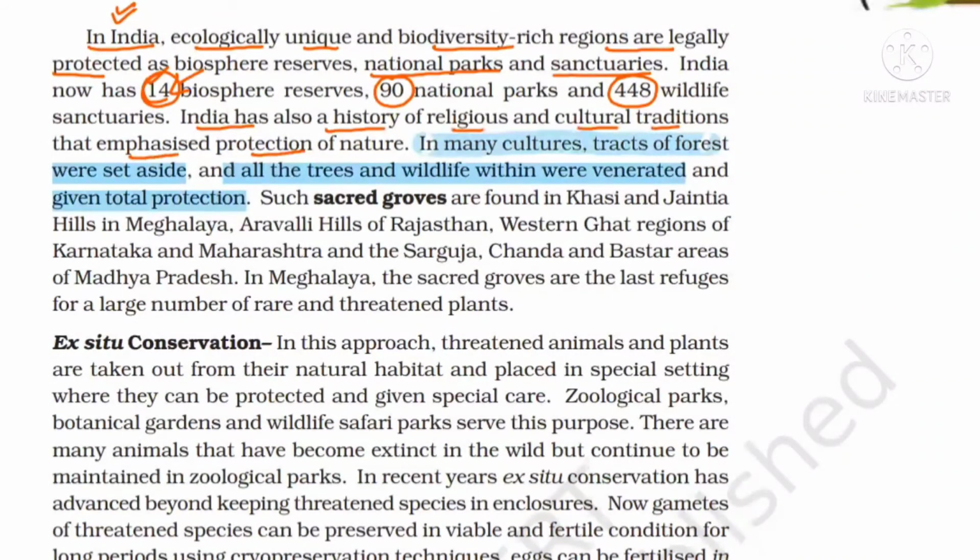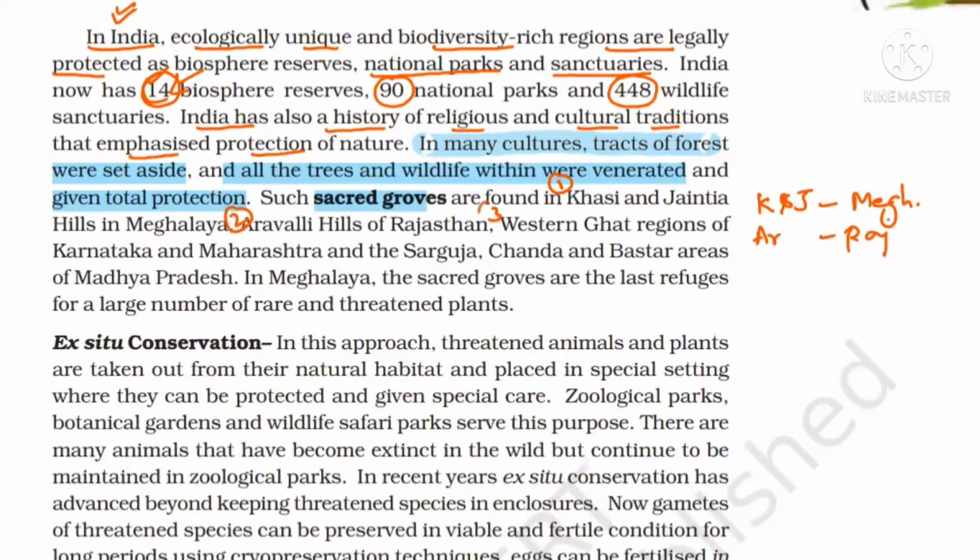It means we are making sacred groves. So if the question is asked, how can you save the venerated plants and animals, then your answer will be sacred grove. Examples of sacred groves are Khasi and Jaintia hills in Meghalaya. You can write here, okay, but I'm just writing it here, Meghalaya. Second is Aravali Hills in Rajasthan.